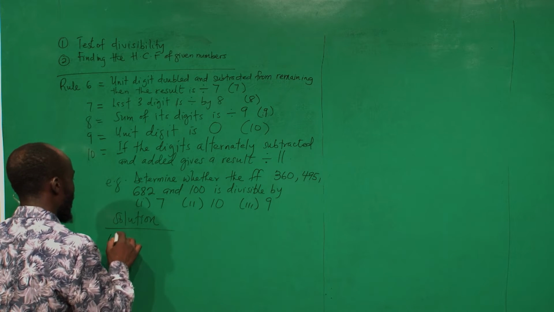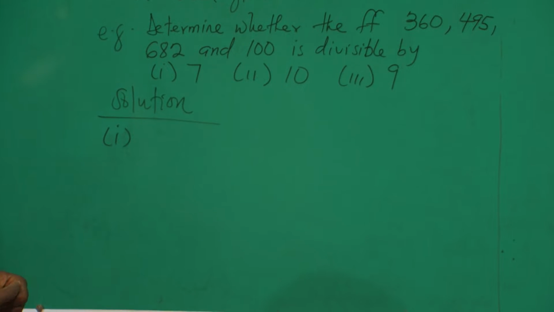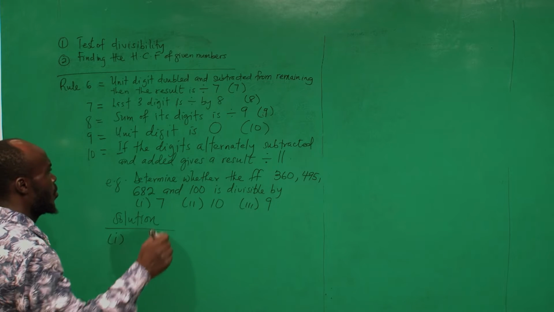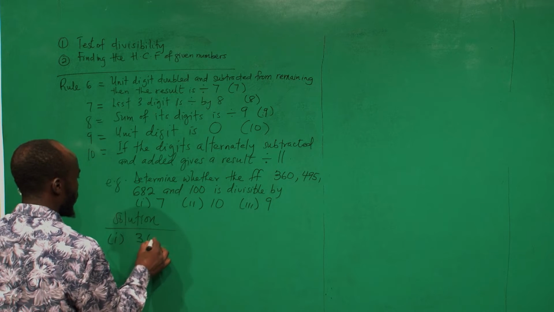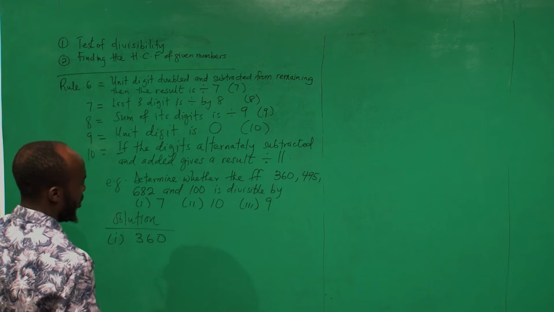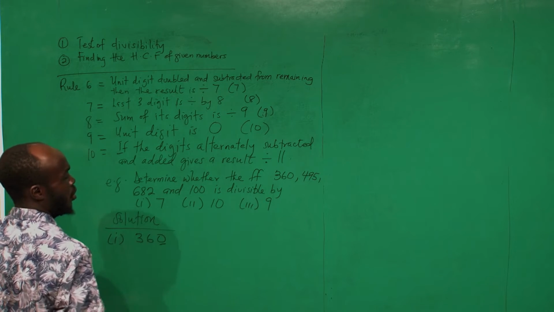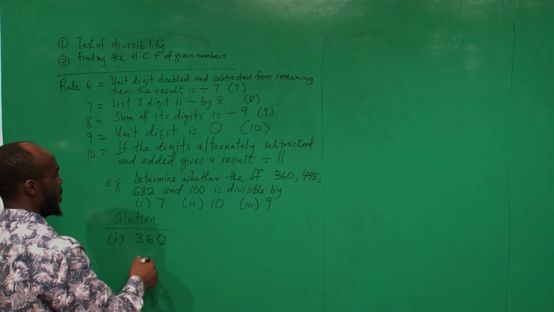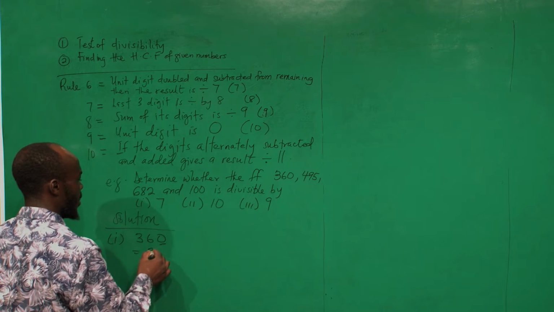So when we take I, for 7, they said the unit digit is doubled and subtracted from the remaining. So when we take 360, the unit digit is 0. When you double 0, it's still 0. When you subtract it from 36, the answer is 36.